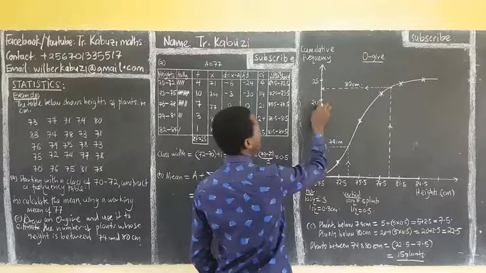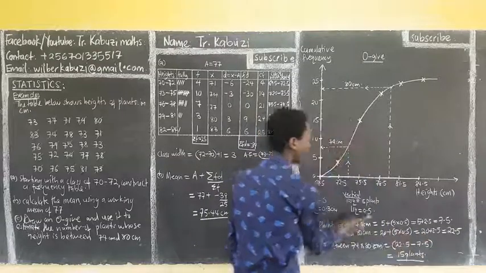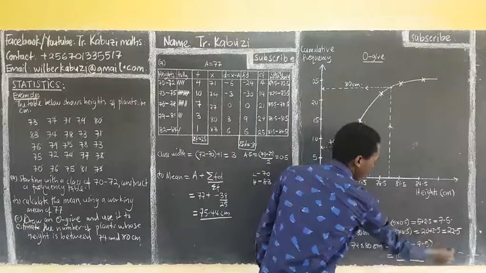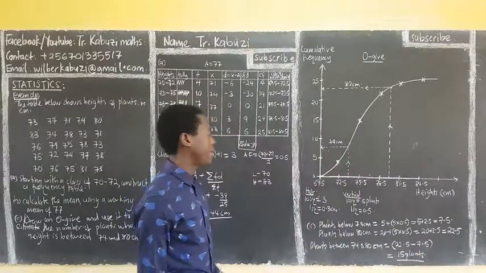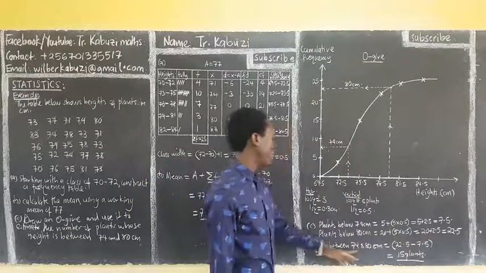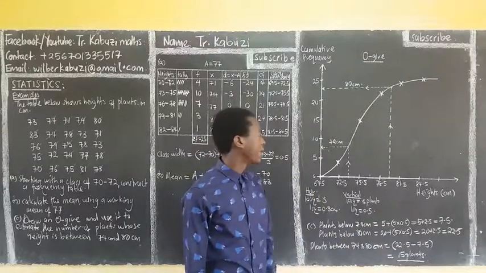So I get 20, plus the 5 small squares times what this small square represents on the vertical. So that's what I got, 22.5. Now the plants between 74 and 80, you get these ones minus these ones. So plants between 74 and 80 are going to be 15 plants.